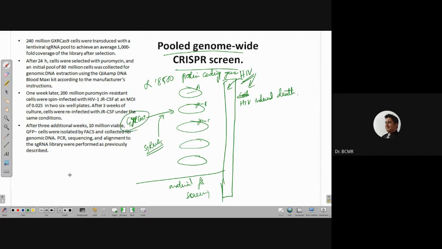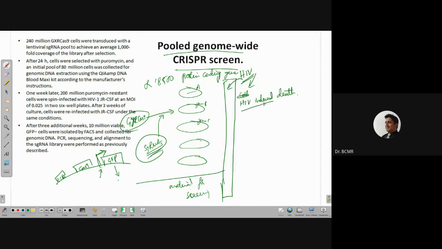In GXR Cas9, what are the three components that we described? They have the CCR5 gene. They have Cas9 for use in this step. They also have a reporter gene, GFP. That reporter gene will be expressed if there is infection: the promoter will be activated and GFP will be expressed.